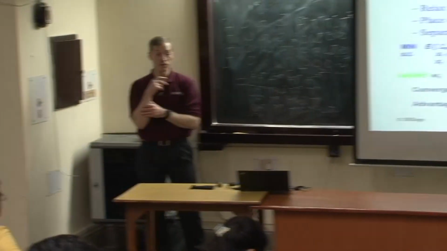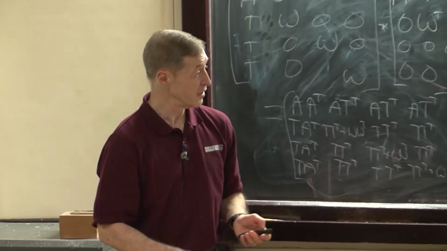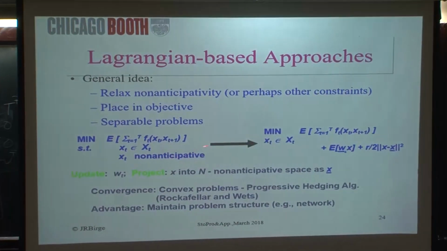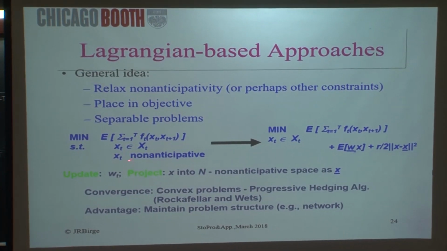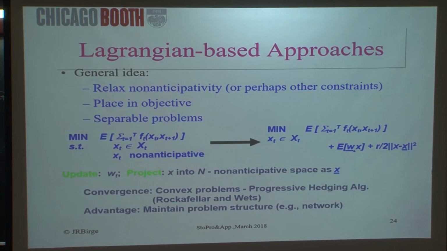So we're going to do the same thing with stochastic programs. The complicating constraints are going to be the non-anticipativity constraints. Think of those as the ones that say my decision can't depend on anything that happens in the future. So I'm going to relax that part. If I relax it completely, that means I can just solve explicitly for a given sample path.